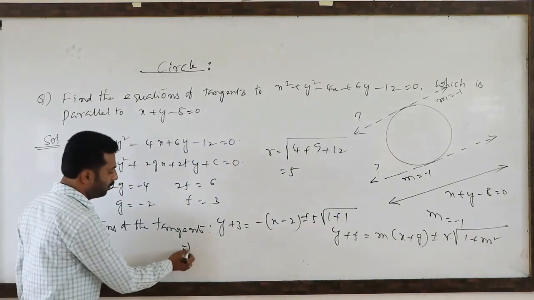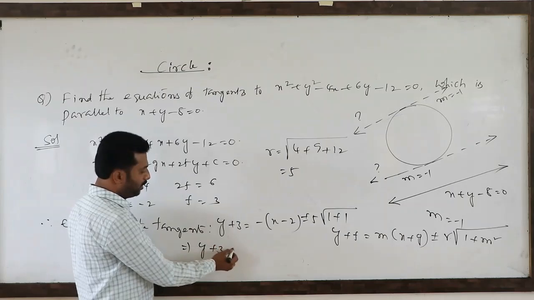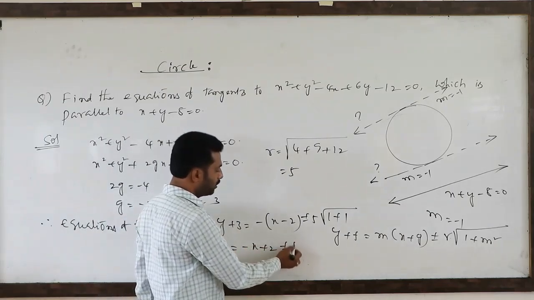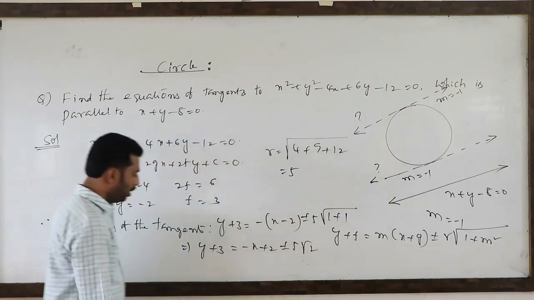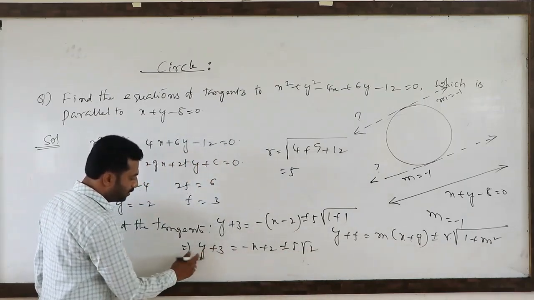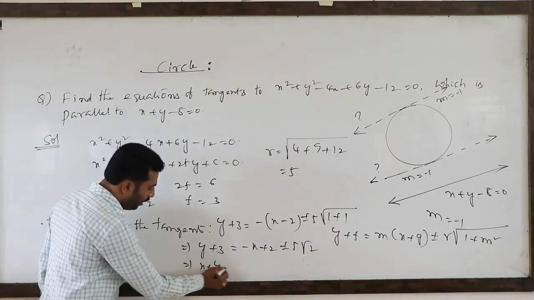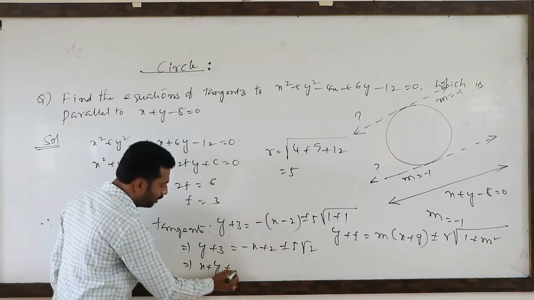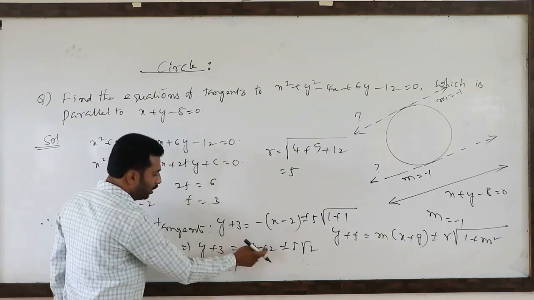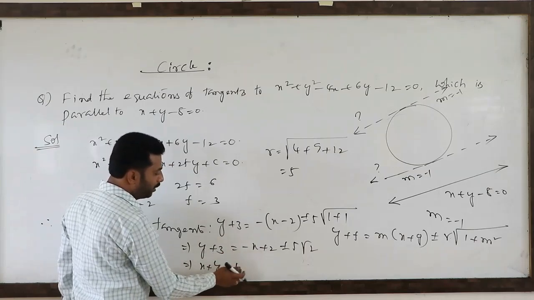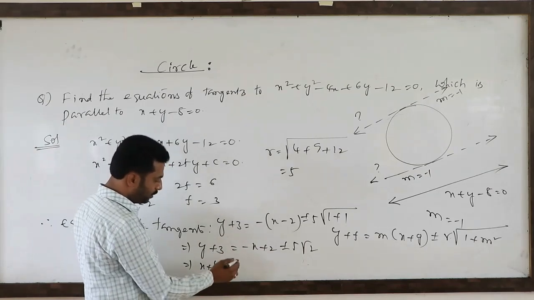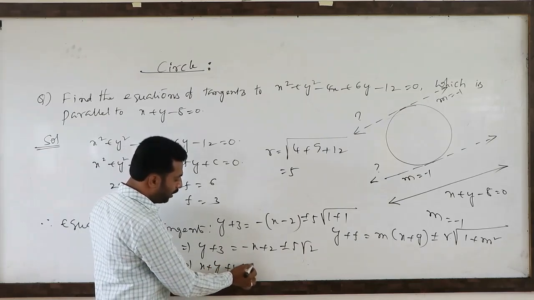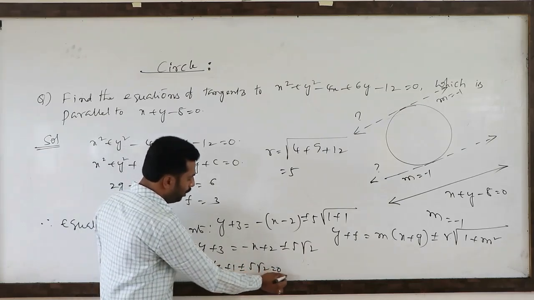So from this you observe y plus 3 equal to minus x plus 2 plus or minus 5 into root 2. Or you can write it like this: bring minus x to the left side, and 3 minus 2 is 1, so x plus y plus 1 plus or minus 5 root 2 equal to 0.